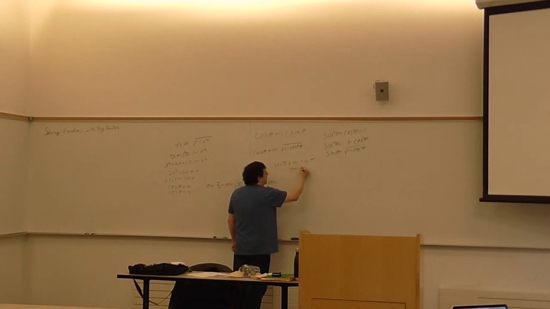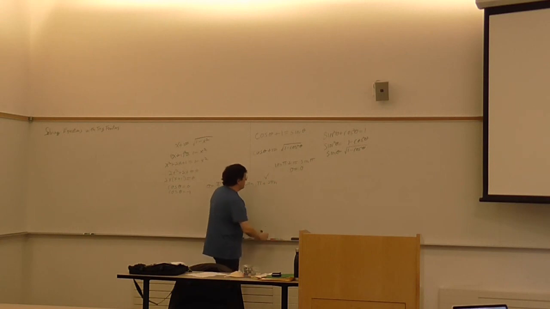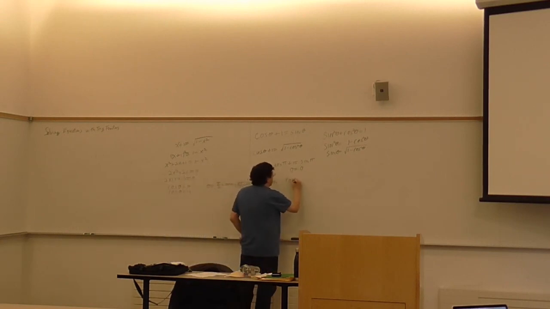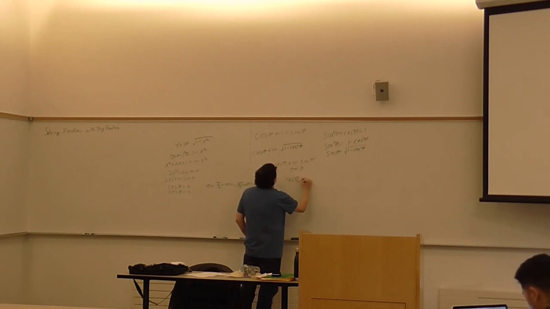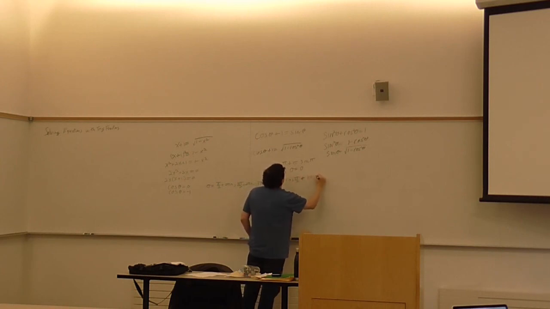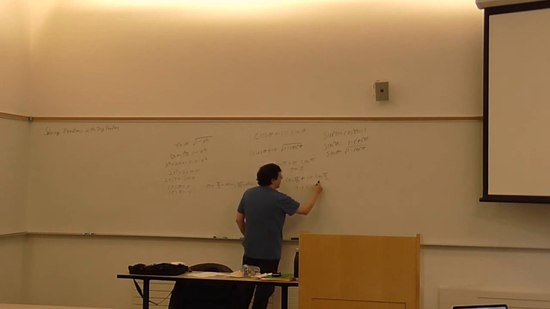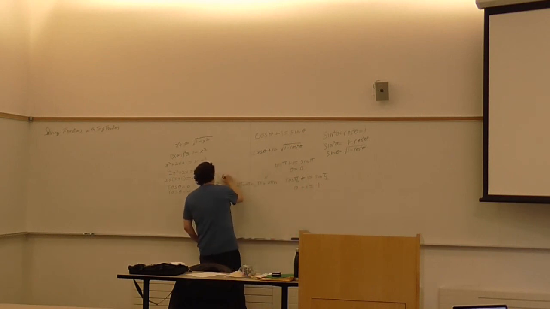The sine of pi is 0. So this is good. Let's look at pi over 2. Cosine of pi over 2 plus 1 equals sine of pi over 2. Well, cosine of pi over 2 is 0, plus 1. Sine of pi over 2 is 1. So this guy is good.